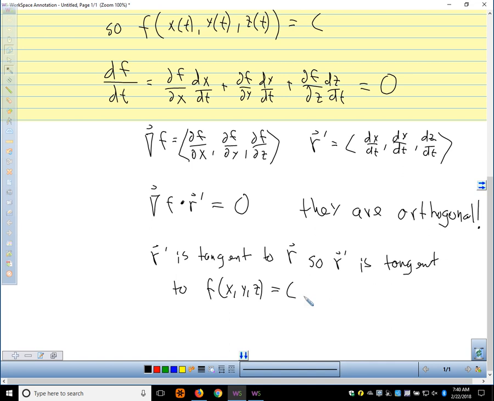Well, that means that del f is orthogonal to the surface because R is an arbitrary position vector on an arbitrary surface. So del f is going to be orthogonal to any tangent vector at that point because R prime is arbitrary. So del f is orthogonal, or normal, to the surface.